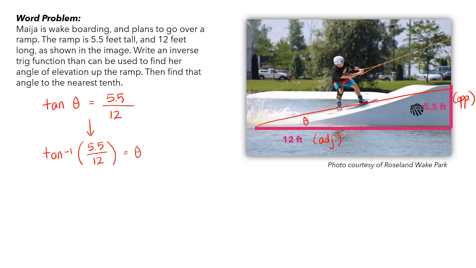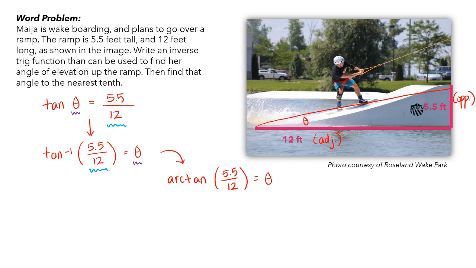Notice, like always when we talk about inverse functions, our input, theta, the original input, has now become my output. Whereas my output originally, this ratio, has now become the input for my inverse. Now, of course, another way to write this using some vocab that we introduced today could be arctan. That's the same thing as inverse tangent. So arctan of 5.5 over 12 is also equal to theta. Those are really just stating the same exact things.